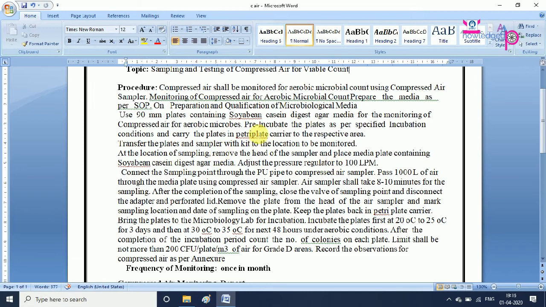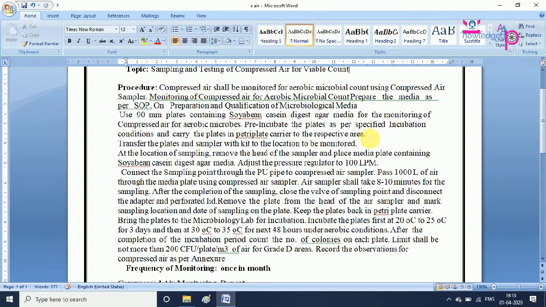After that, pre-incubate the plates as per the specified incubation condition and carry the plates in a Petri plate carrier to the respective area, meaning where we have to do the sampling from the respective sampling location, whether it is the shop floor or any other area.